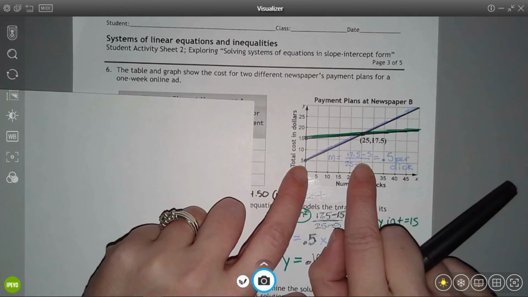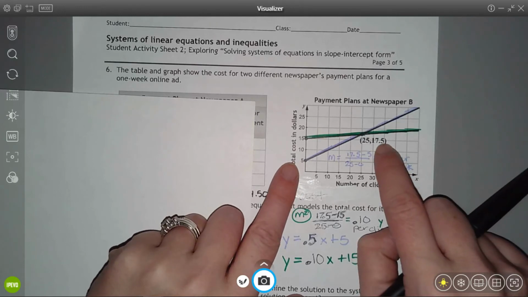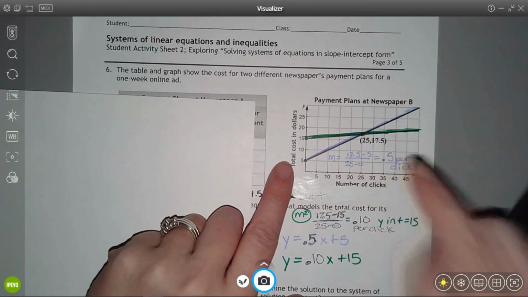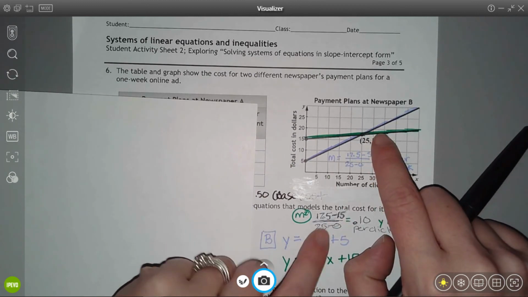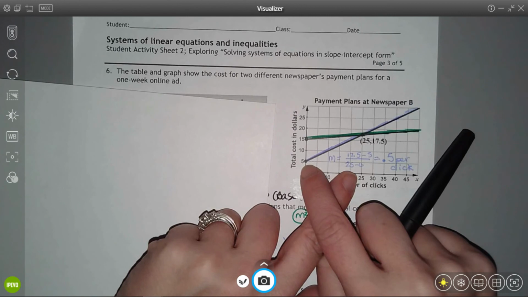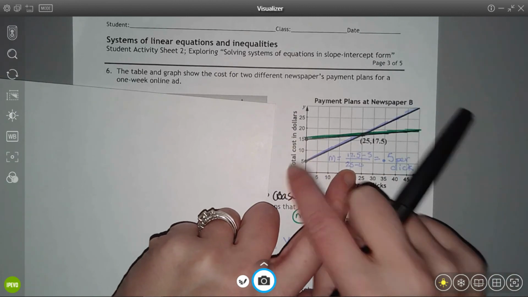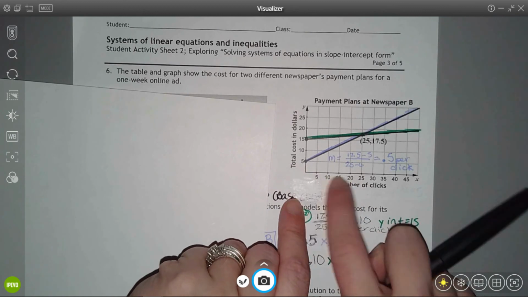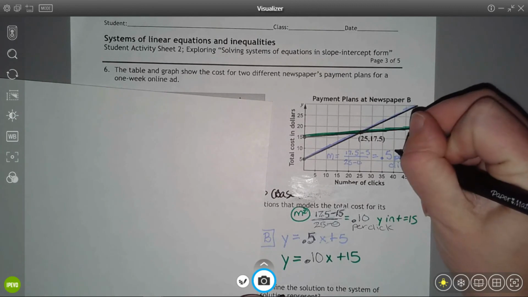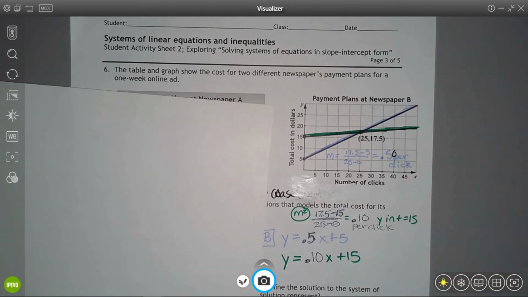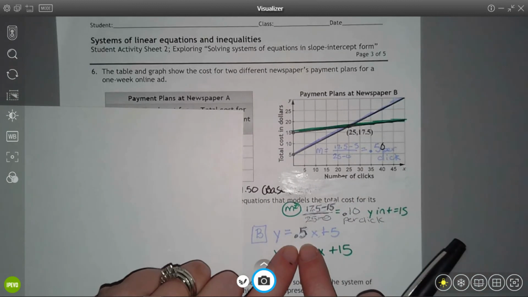So I said the change in Y, 17.5 minus the Y-intercept, 15, over my change in my X value, so from 0 to 25. And I got that it's 50 cents per click. And then I know the Y-intercept is 5. So I said 0.5x plus 5.